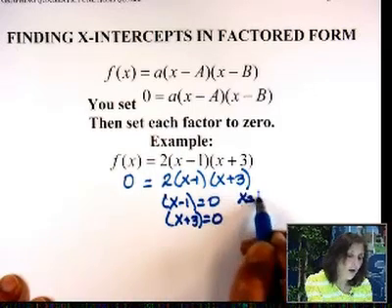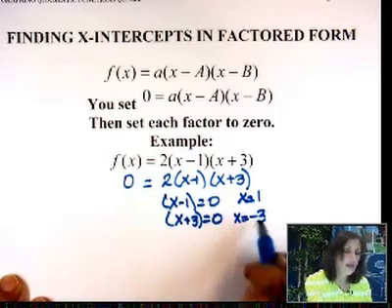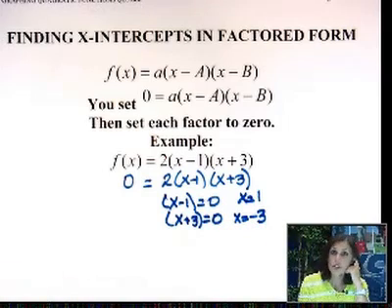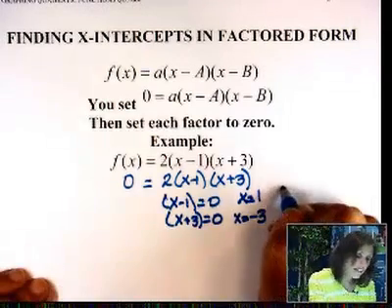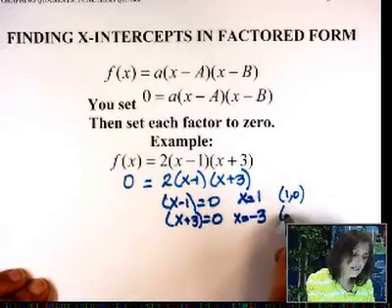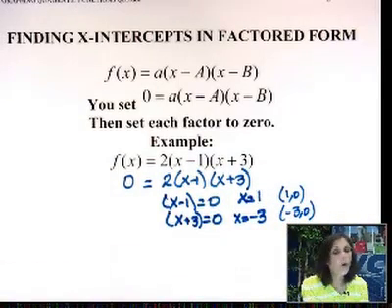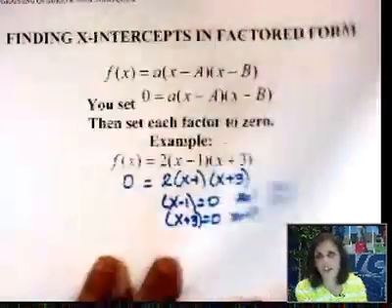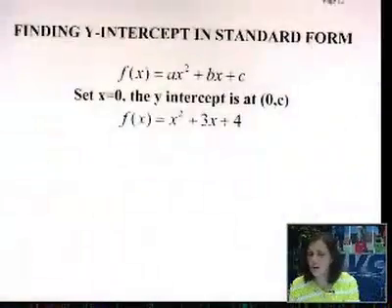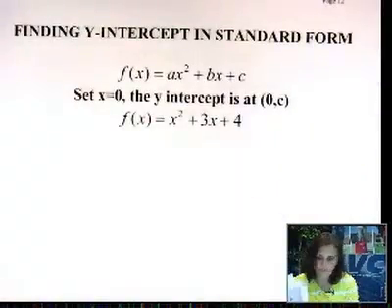That's going to give you 1. That's going to give you negative 3. So where are your x-intercepts? That's pretty easy. It's at (1, 0), and it's at (negative 3, 0). Okay, that was easy enough. So what am I doing each time I'm looking for x-intercepts? I'm setting y to 0 and finding the x's.